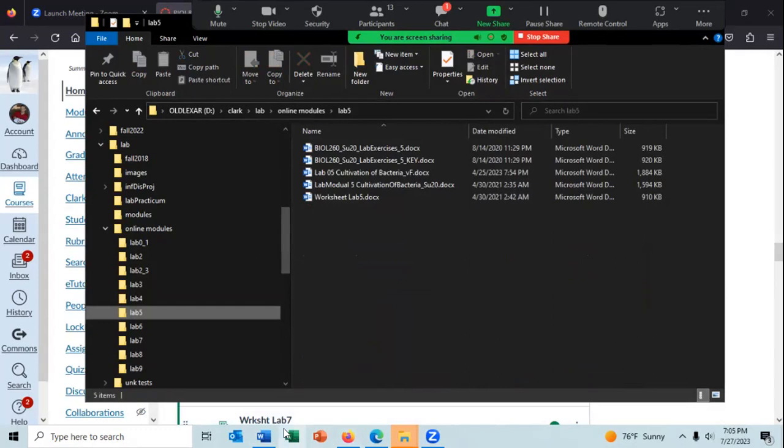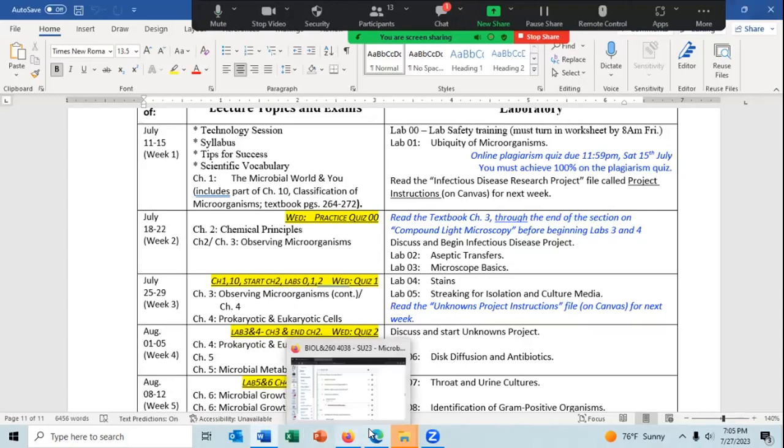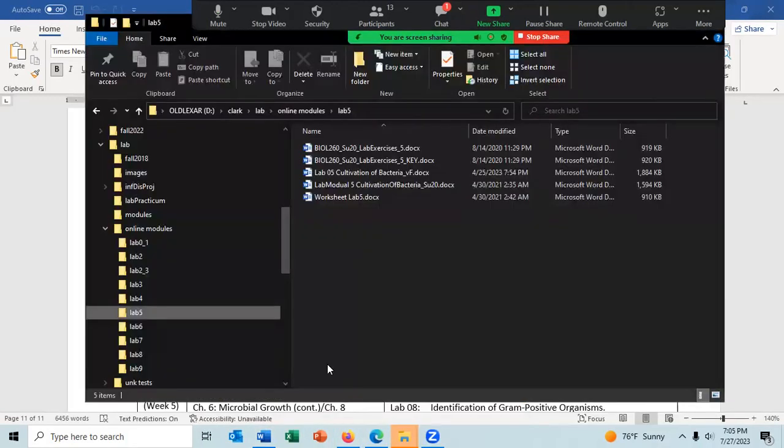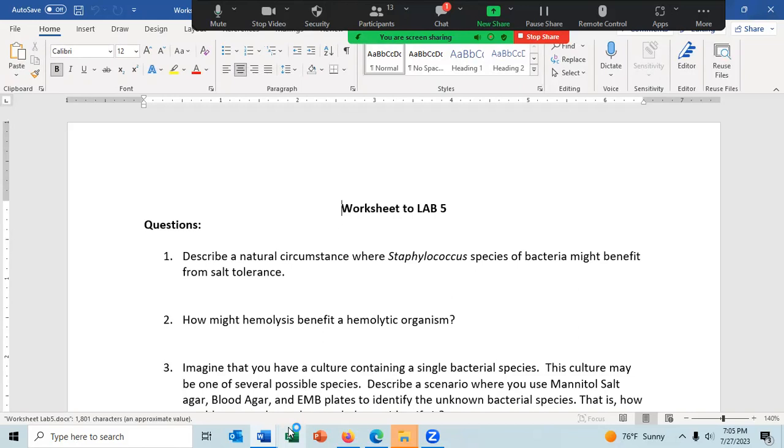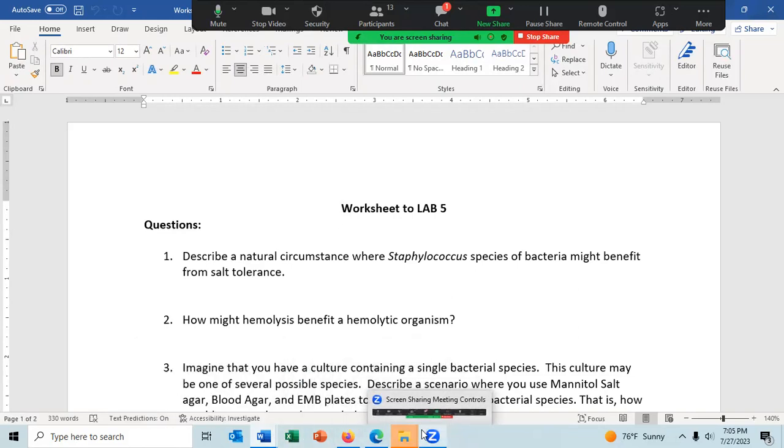Is it lab 5? Is that right? Yeah, lab 5. There's the worksheet. Remember, when you turn in your lab, to always turn in the worksheet.